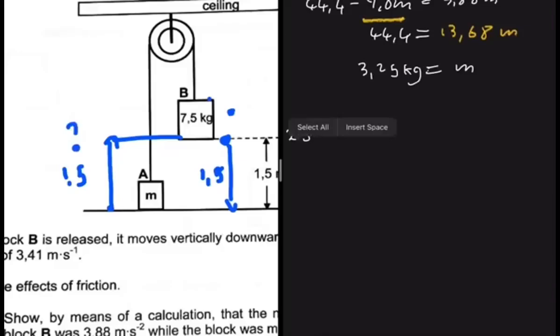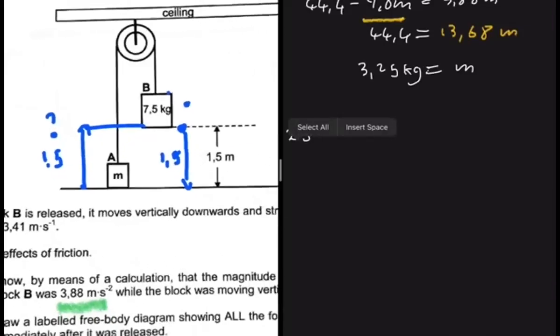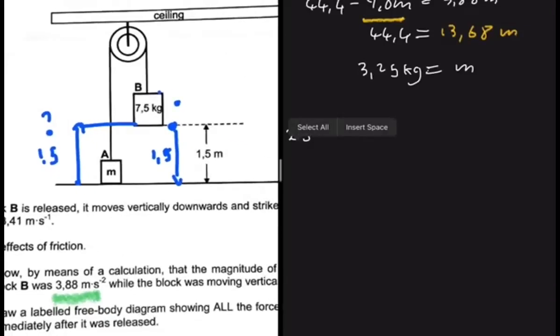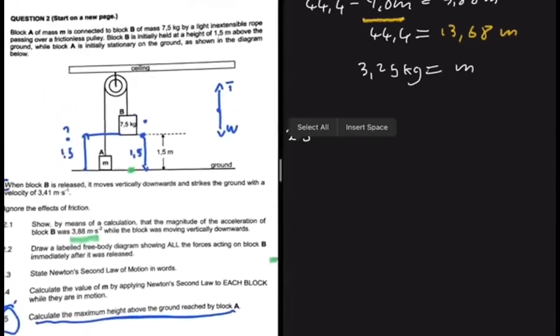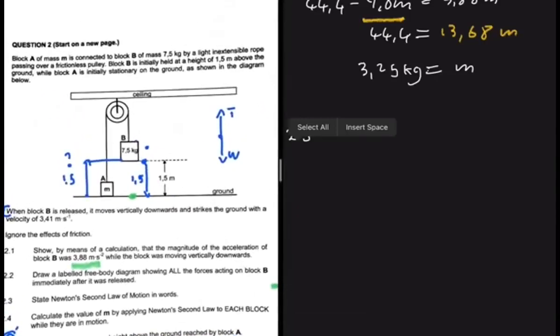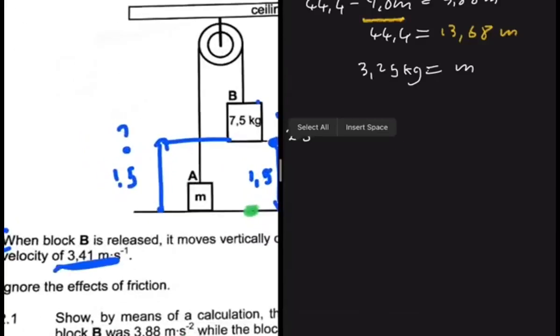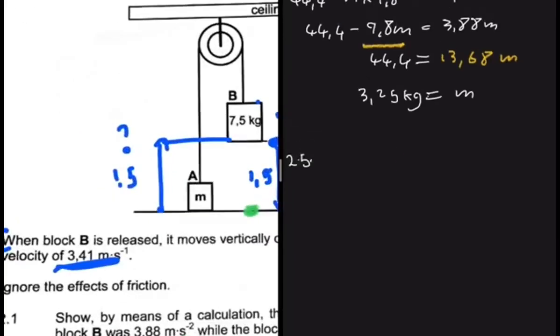That is the question we are interested in. The velocity at that point is equal to the velocity that object B strikes the ground with. Right. And what is the value of that velocity? That is 3.41. It is given to us here. So at this height, ball A has a velocity of 3.41 meters per second.